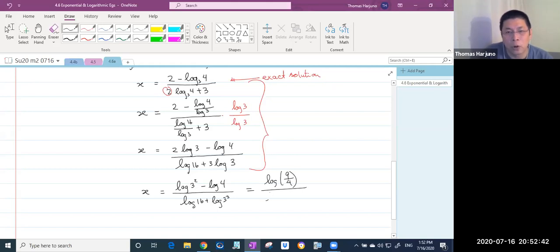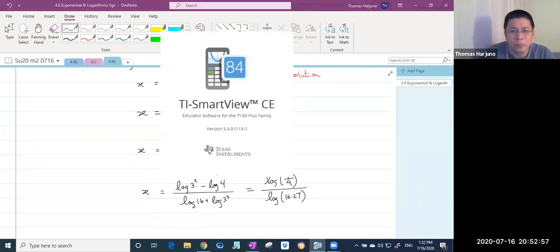Big over log 16 times 0.7. Then from there you use your calculator.